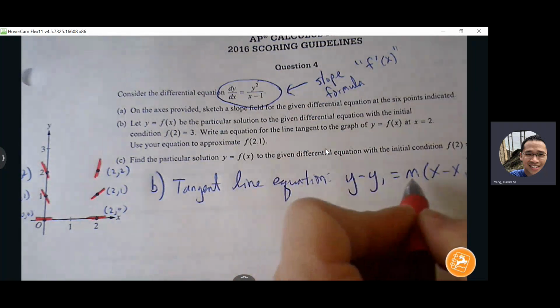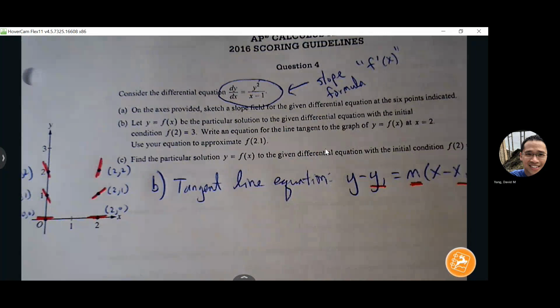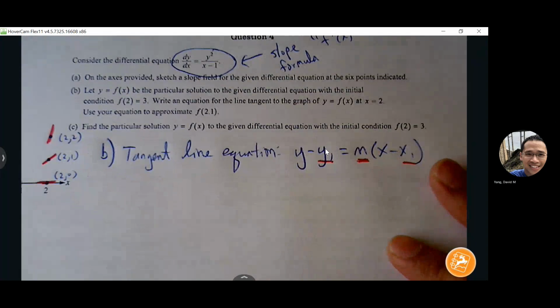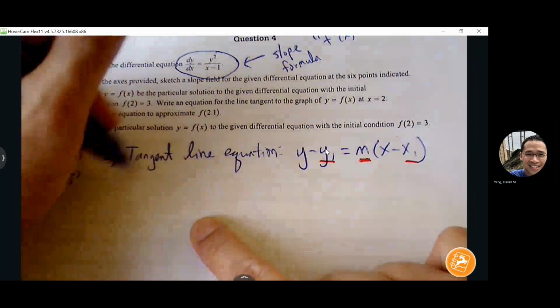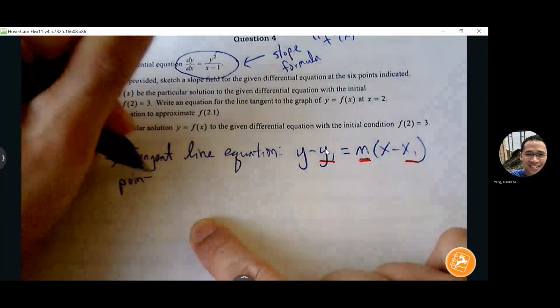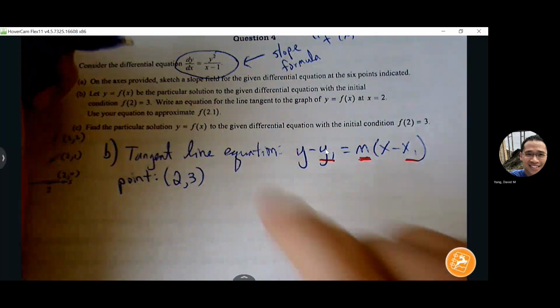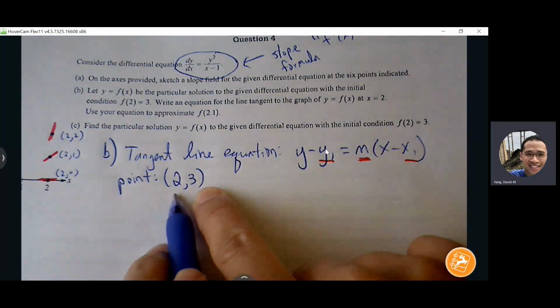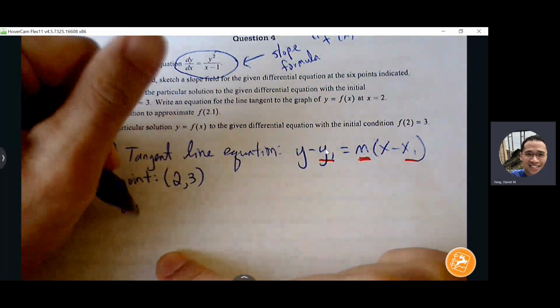We're trying to find a replacement for m, for x sub 1, and for y sub 1. They give you order pair (2,3). So that's the starting point. Slope, we want the slope at this point. Plug it into your derivative to get your slope value.